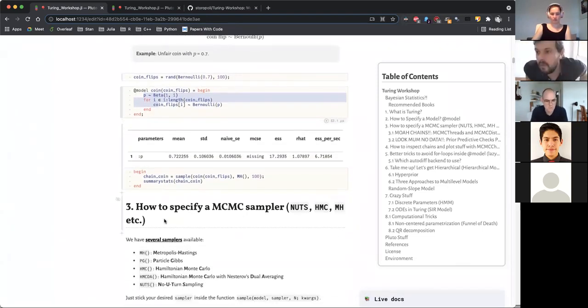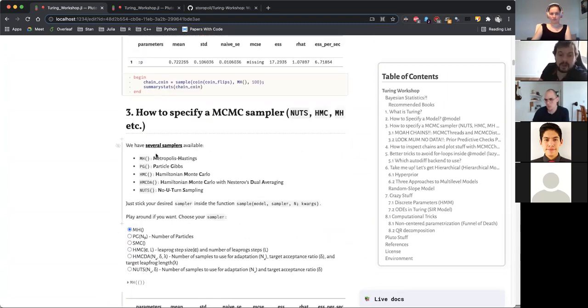Okay, then once we know how to specify our model, how do we sample for it? In Turing, the nice thing is that we can have several samplers, and here is a link for you to see all the samplers. There is also importance sampling that I did not cover here that you can do.